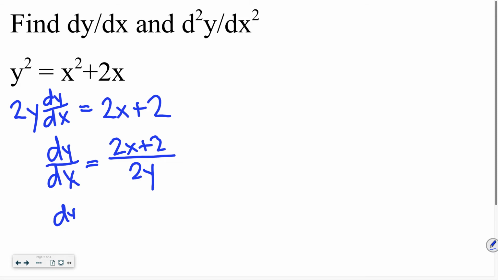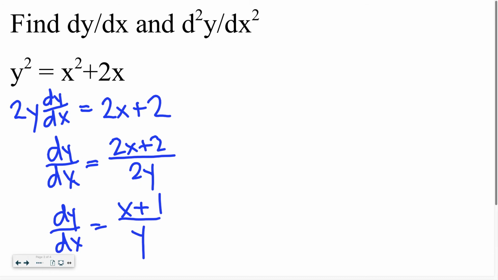So let's go ahead and write dy dx as x plus 1 over y. Is that okay? We do that? Okay. If you don't, it is perfectly fine. It's just going to add a lot more coefficients inside of your next derivative.